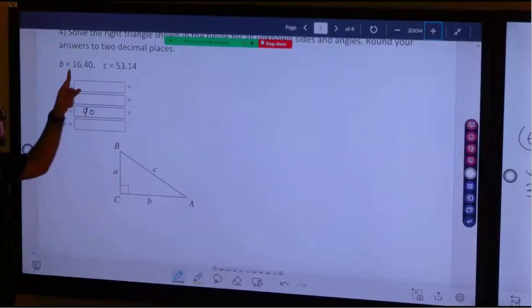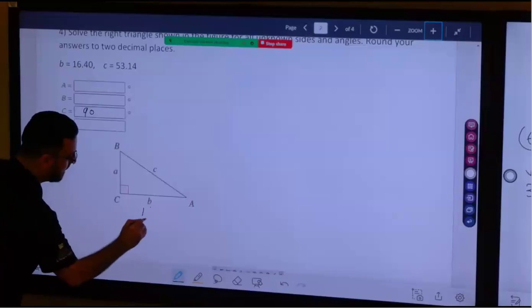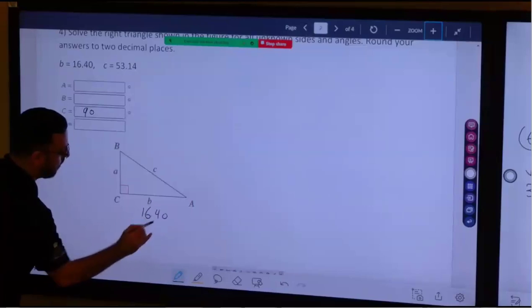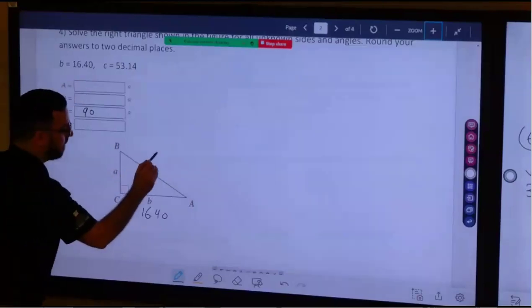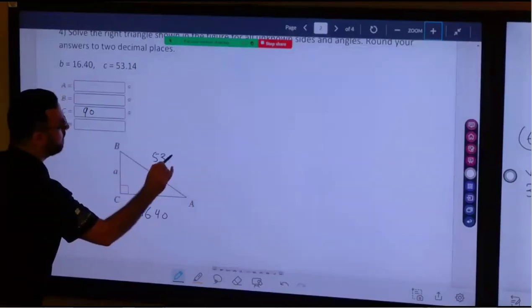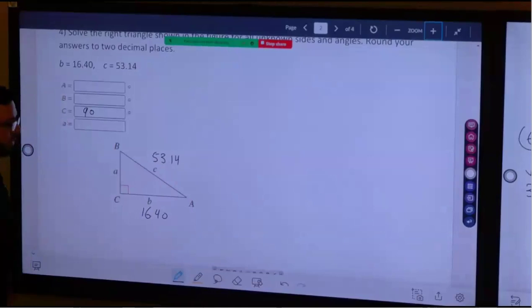The first side B is 16.40, and the side C is 53.14. Now, they ask you to find the angle A.